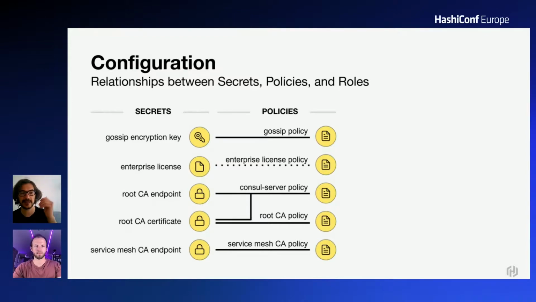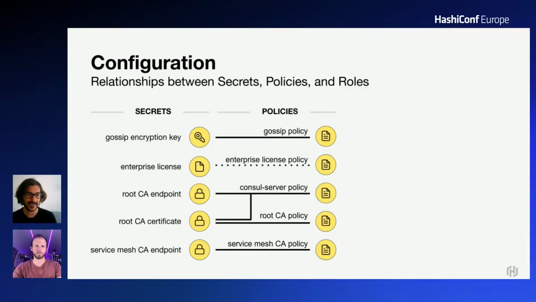Then we're going to create 5 corresponding policies: the gossip policy for the gossip encryption key, the enterprise license policy for the enterprise license, and one policy for the servers. We mentioned that they need to first trust the chain of trust, so they will need access to the CA certificate, and they will need to be able to access the endpoint to generate their own certificates at startup.